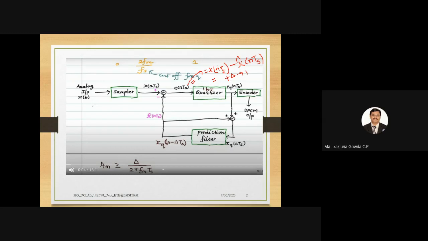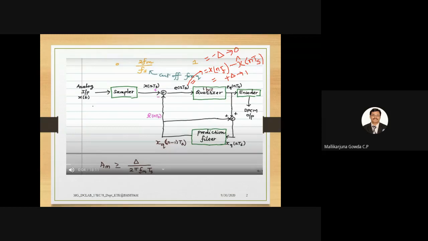When the difference is negative, when the approximated value is greater than the original analog input signal, during that time it will be decremented by delta, so minus delta, and this will be encoded by a binary information of 0.